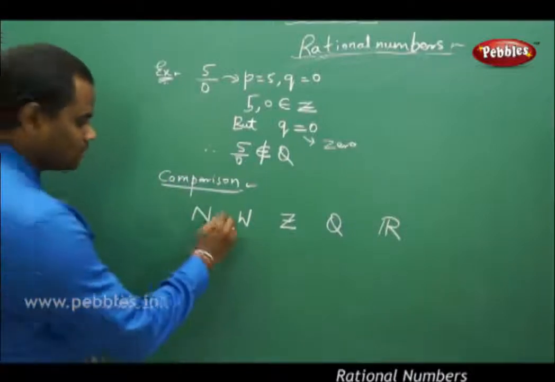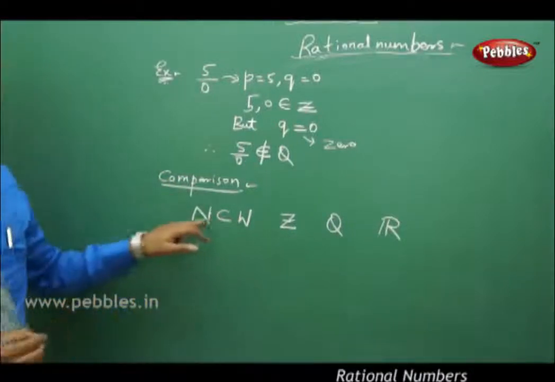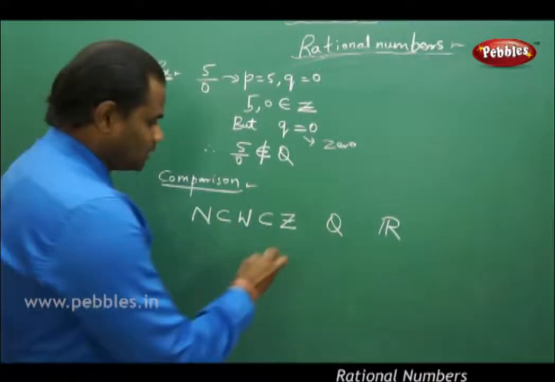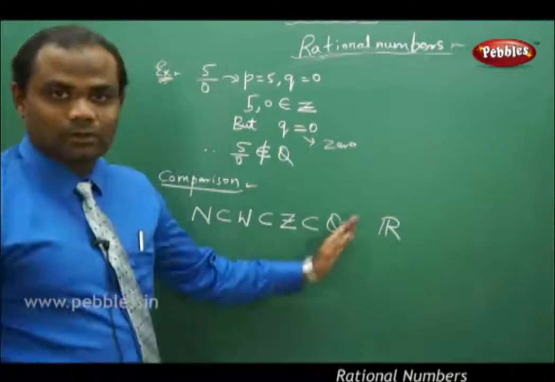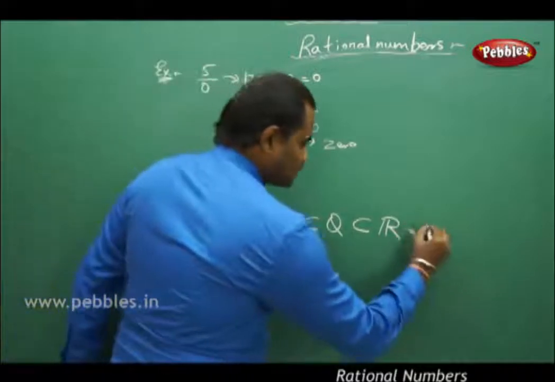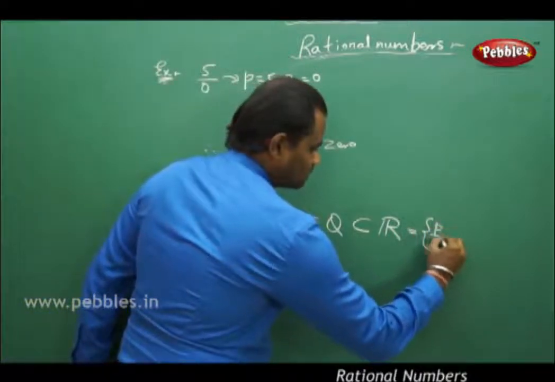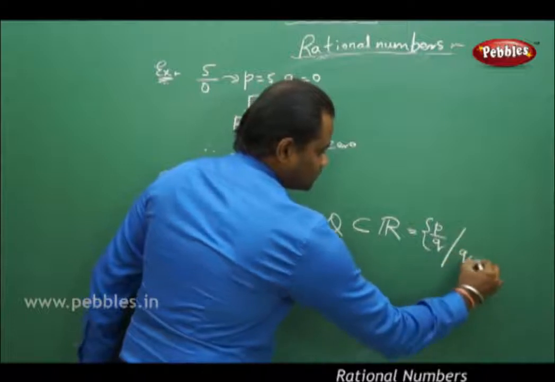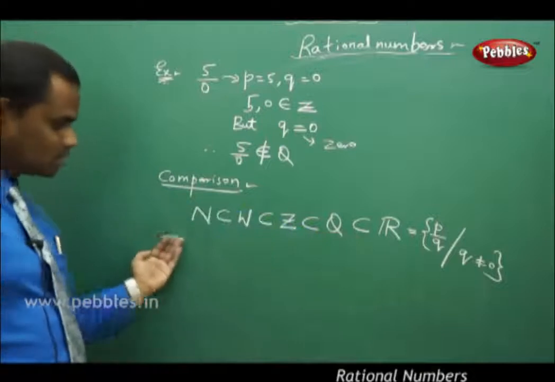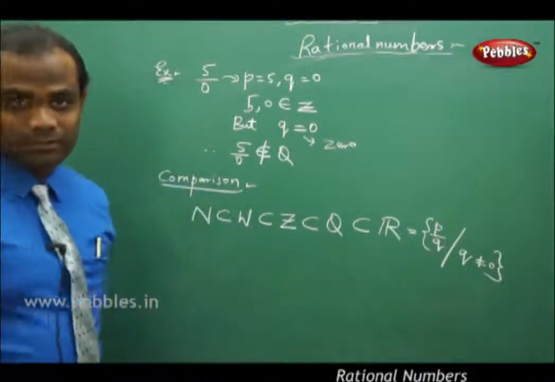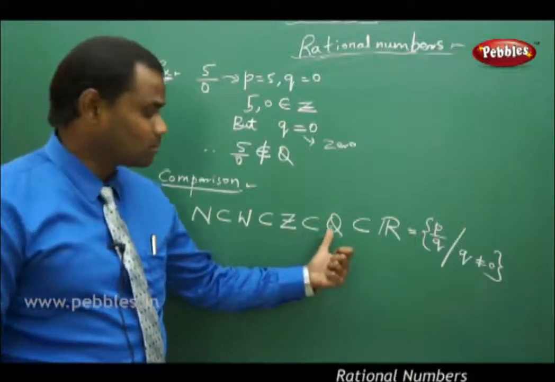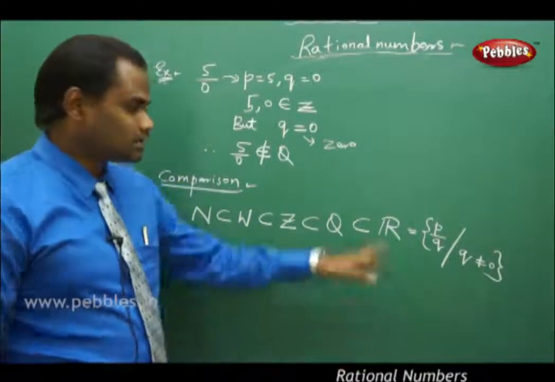I understand that all natural numbers are a subset of whole numbers, all whole numbers are a subset of integers, all integers are a subset of rational numbers, and all rational numbers are a subset of real numbers. So this is how I relate all the sets of numbers in mathematics. Natural numbers are always a subset of W, a subset of Z, a subset of Q, a subset of R, where R stands for real numbers.